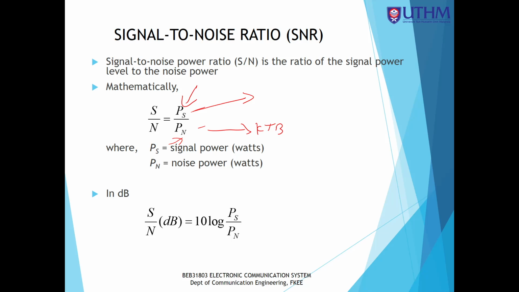So dalam case ini power divide power, so there's no unit, so you can make it as a decibel. So you buat 10 log SNR, so you're gonna get in term of decibel. 10 log signal power over noise power, so you get in term of decibel.